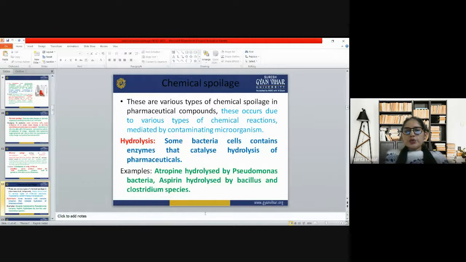These occur due to various types of chemical reactions mediated by the contaminating microorganism, like hydrolysis. In hydrolysis, some bacterial cells contain enzymes that catalyze the hydrolysis of the pharmaceutical. For example, atropine is hydrolyzed by Pseudomonas bacteria, and aspirin is hydrolyzed by Bacillus and Clostridium species.